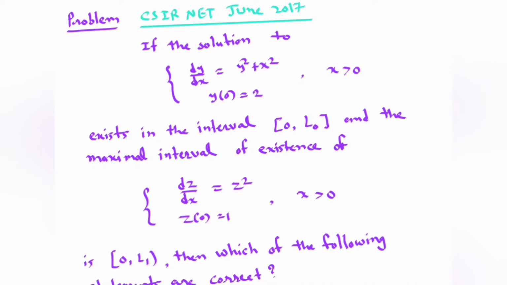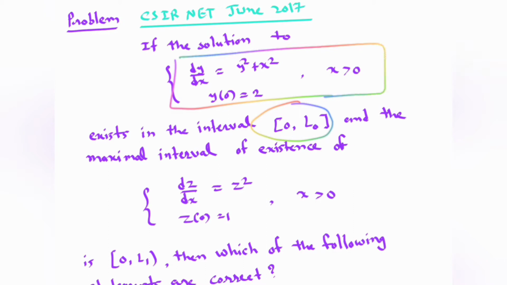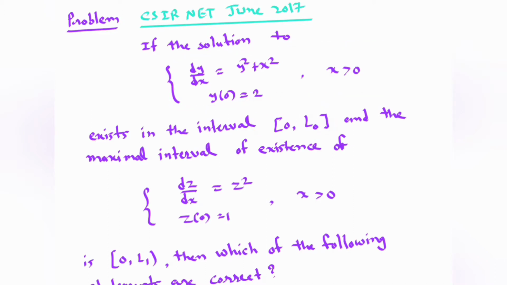In the previous video, we explored the comparison theorem in differential equations and learned how to use it effectively to determine the maximal interval of existence for the solution of an initial value problem. We discussed a problem from CSIR NET June 2017 in which we determined the existence interval of this initial value problem using the comparison theorem.